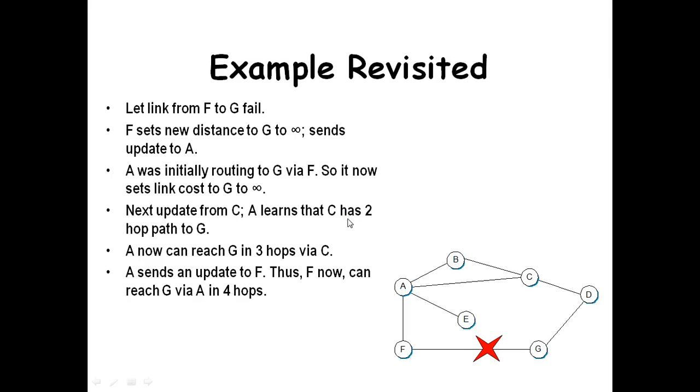C learns that G is 2 hops away from C, but F now reaches G in 3 hops via C. C sends an update to F that F can now reach G via A in 4 hops.